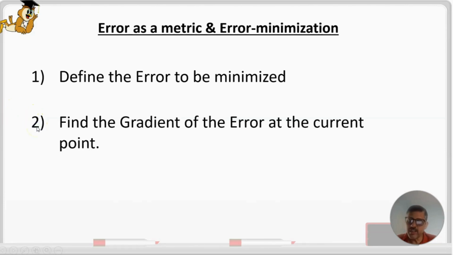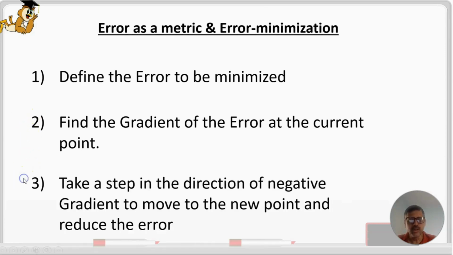You find the gradient of the error at the point where you are. Remember, we just looked at gradient. You find the gradient of the error at whatever point you are, and finally you take a step in the direction of the negative gradient to move to the new point and thereby reduce the error, right? So the gradient of the error function tells us the direction, the direction of the negative gradient, because you want to minimize, not maximize the error.